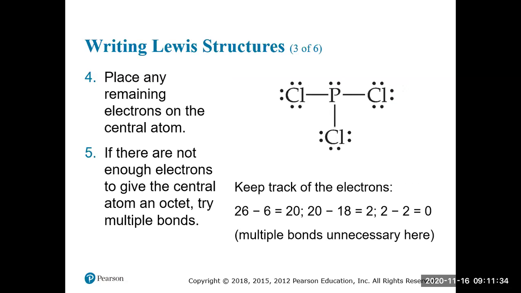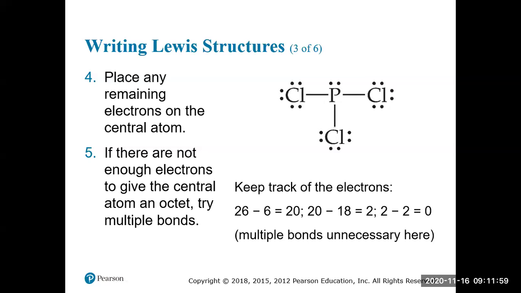We can put those on the central atom, in this case the phosphorus. So we now have a lone pair of 2 electrons around the phosphorus, and we see that we've satisfied the octet rule for the phosphorus: 6 electrons involved in bonding and 1 lone pair, so 2 more.